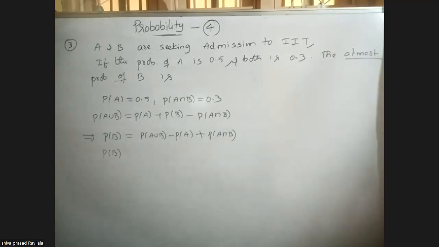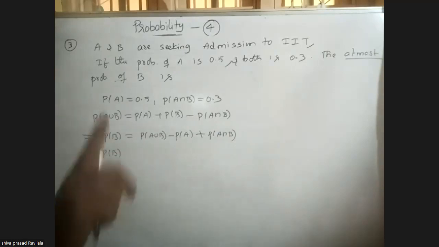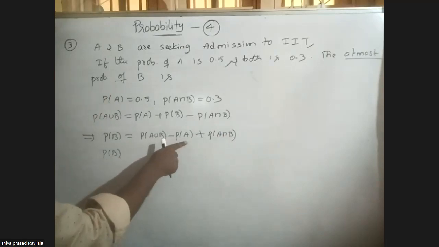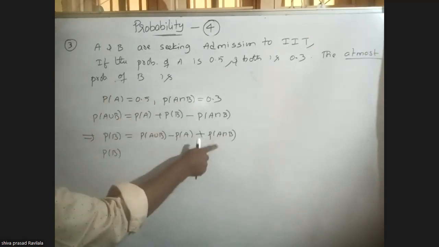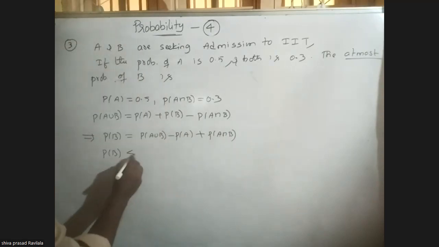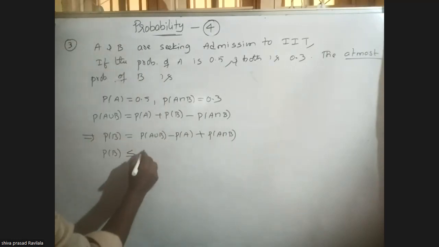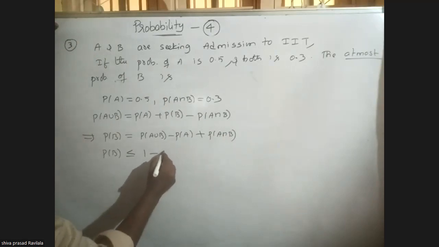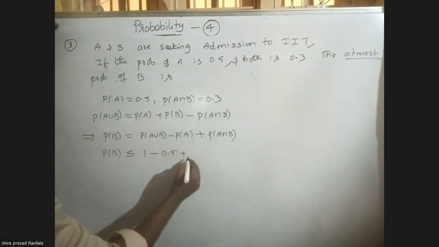At most means in the condition, the probability of A union B is equal to maximum 1. You take this one less than or equal to 1, and probability of A is equal to 0.5 and A intersection B is equal to 0.3. At most means write down this less than or equal to probability of A union B maximum 1. Sum of all probabilities is equal to 1. And probability of A 0.5 and probability of A intersection B 0.3.